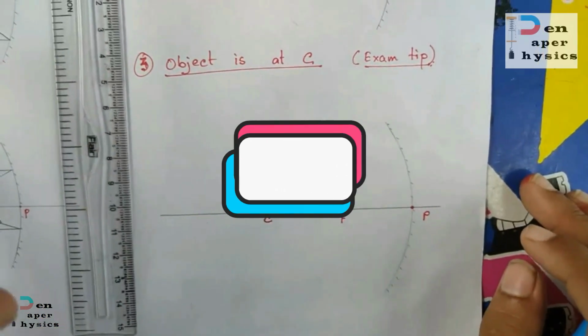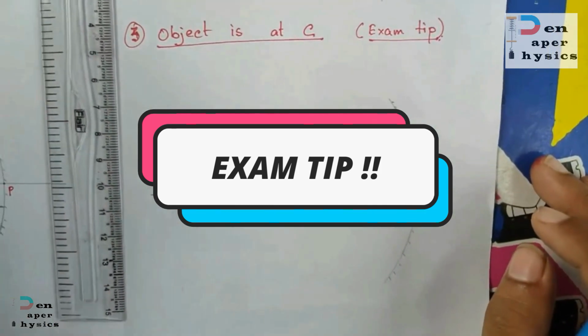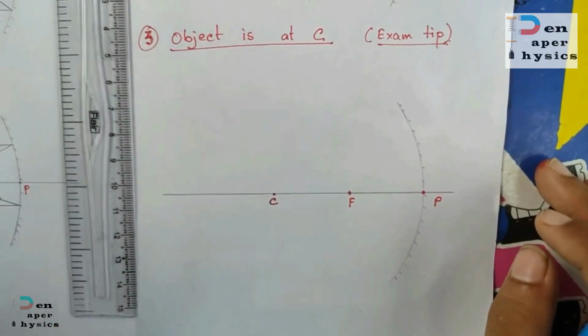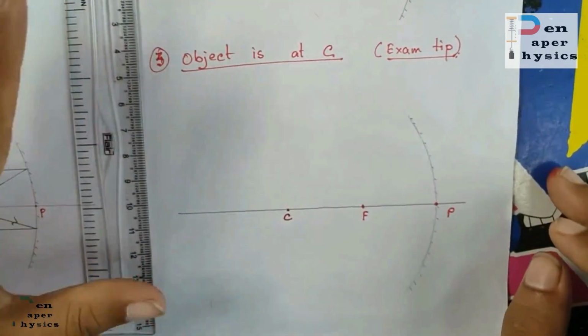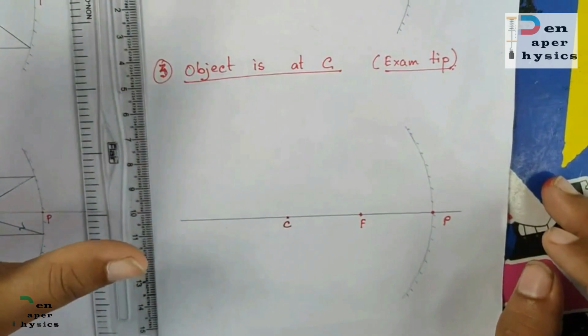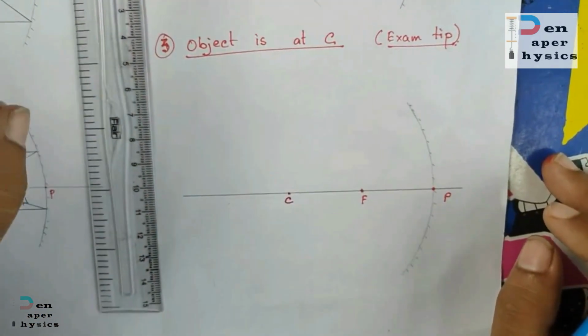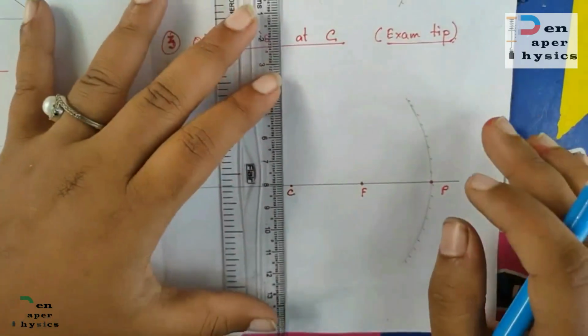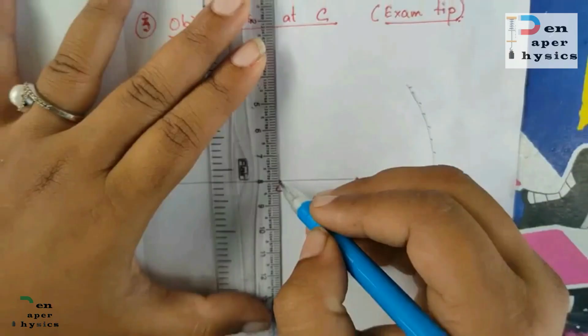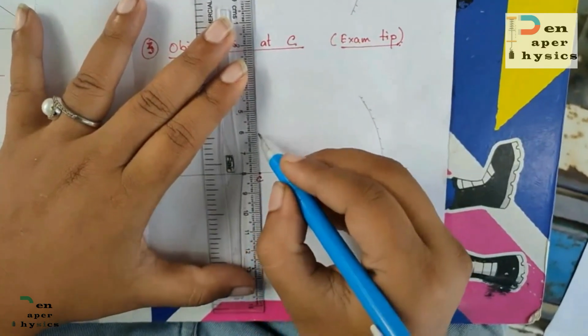Now we will follow how to do it in exam. But here the position of the image is precise and the size of the image is also same. So we have to follow a trick to draw the diagram. But first I'll show you how to do the ray diagram in general cases. So first I'll draw the object.